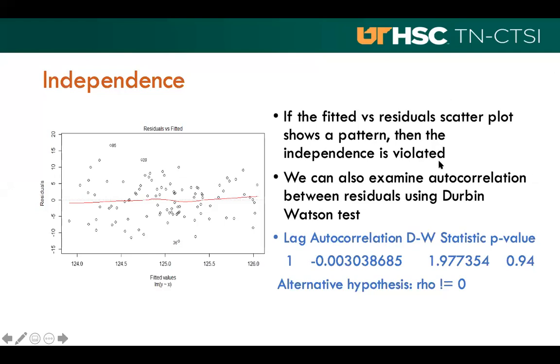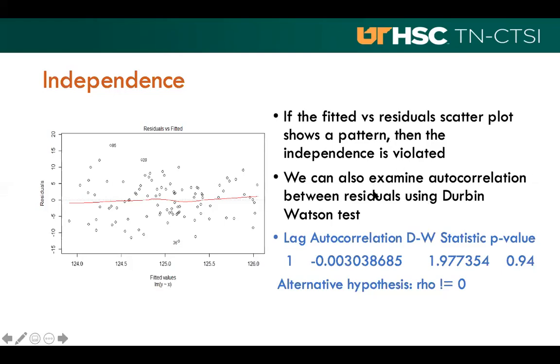We can also examine autocorrelation between the residuals using the Durbin-Watson test. It gives us the Durbin-Watson statistic and p-value. If the p-value is statistically significant, we say there is autocorrelation between the residuals, and that tells us that the assumption of independence among the observations is violated, and we cannot use linear regression for that kind of analysis.